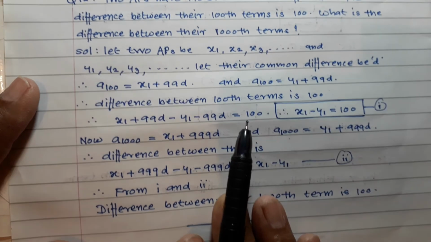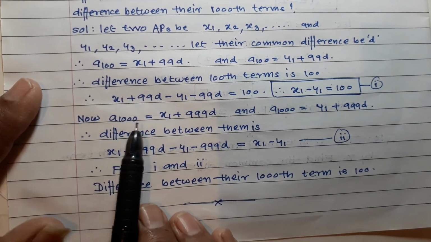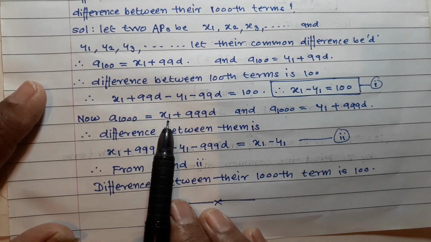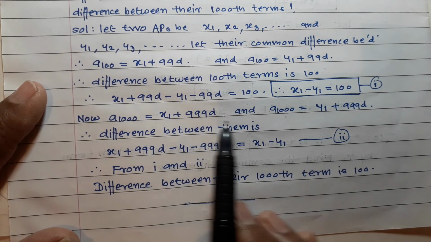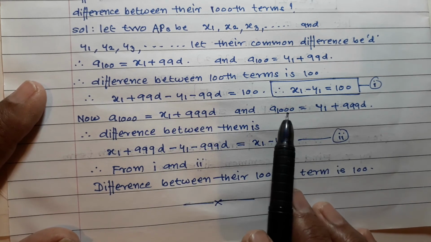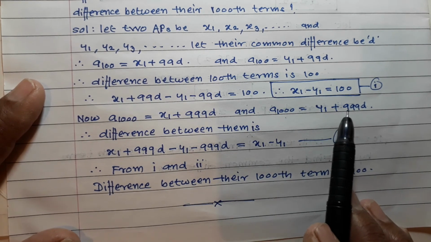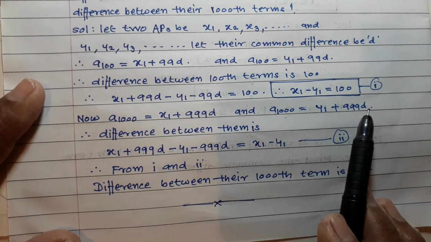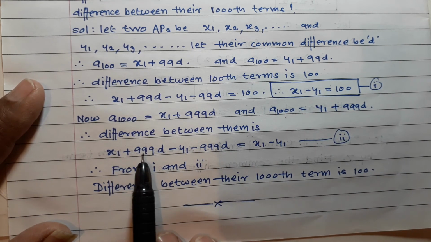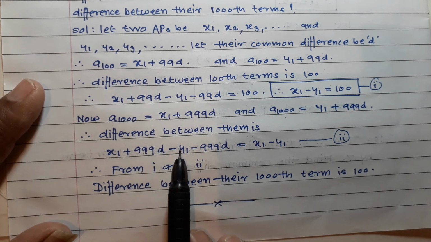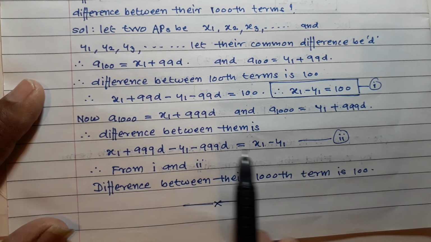Then write the thousandth term. Now A1000 is equal to x1 plus 999d, and for the second AP, A1000 is equal to y1 plus 999d, and the difference between them is x1 plus 999d minus y1 minus 999d.